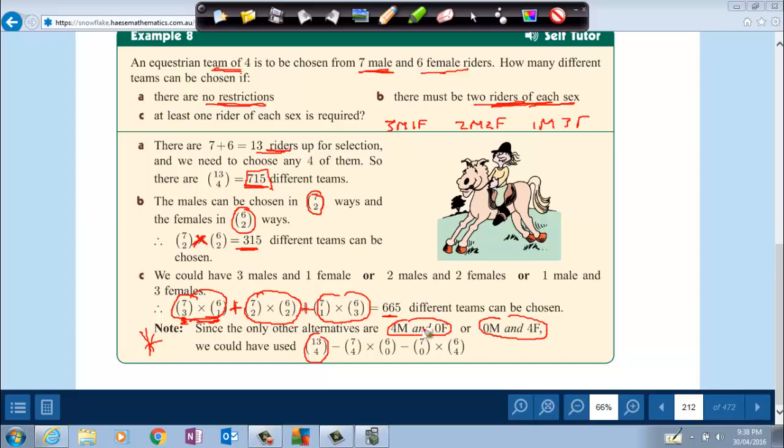Now the number of ways of selecting 4 males is 4 from 7 times 0 from the 6, and the 0 males and 4 females. If we take off those 2 possibilities from the total, then we'll end up with the remaining, which is this case, 3 males 1 female, 2 males 2 females, 1 male 3 females, because all of those is 100%.